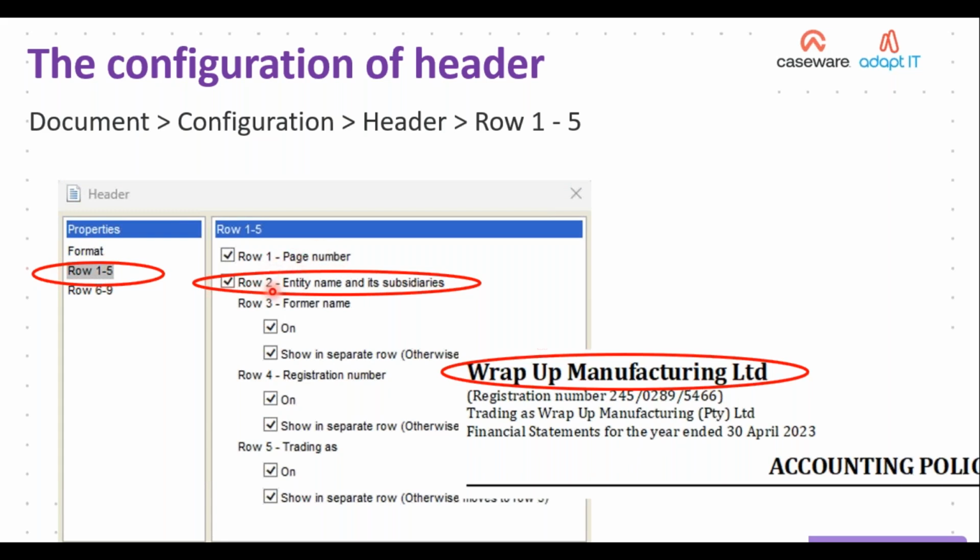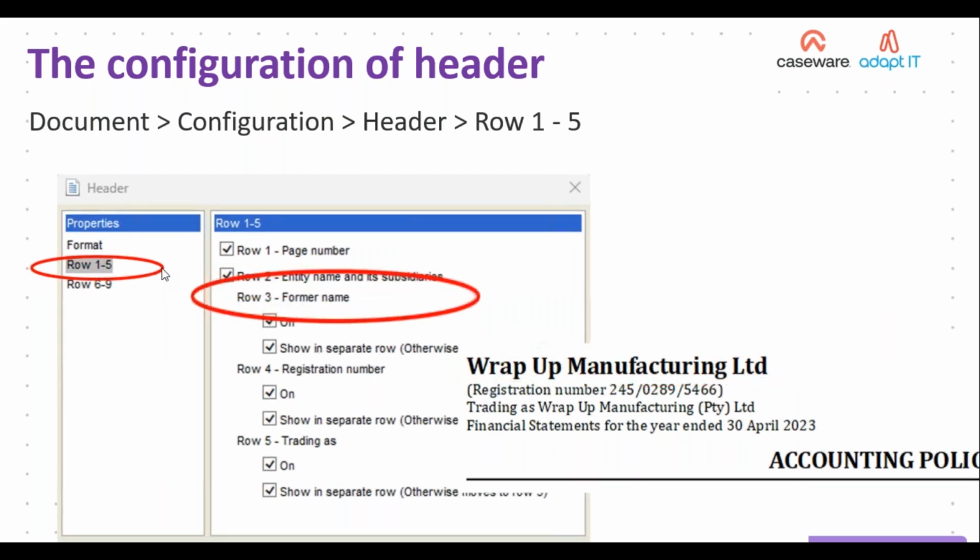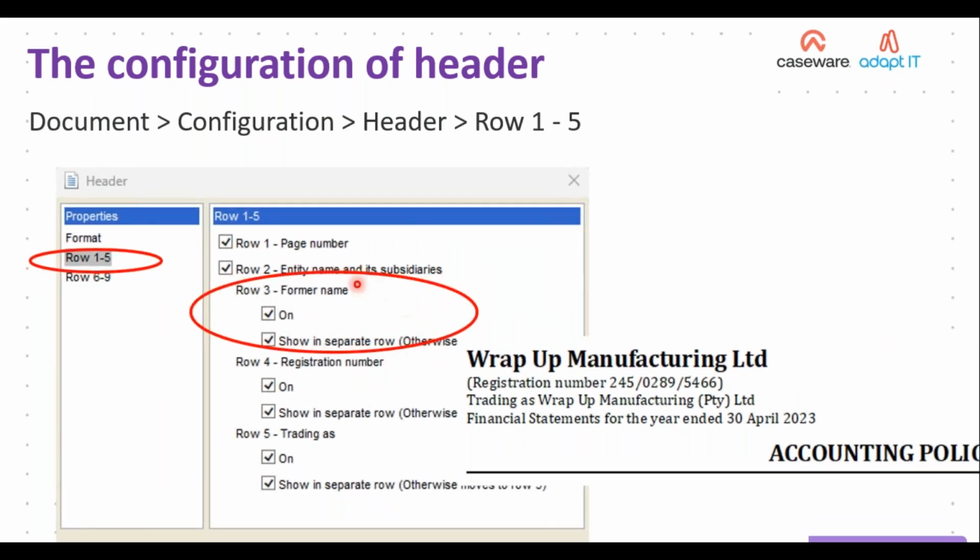Row 2 relates to the entity name and its subsidiaries, so that will be Wrap-Up Manufacturing Limited. If you deselect that, it will not appear across your financials. The row 3 option relates to the former name.